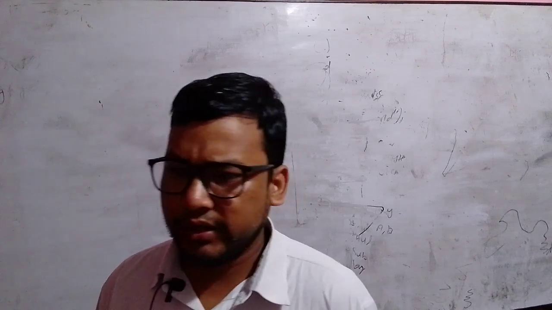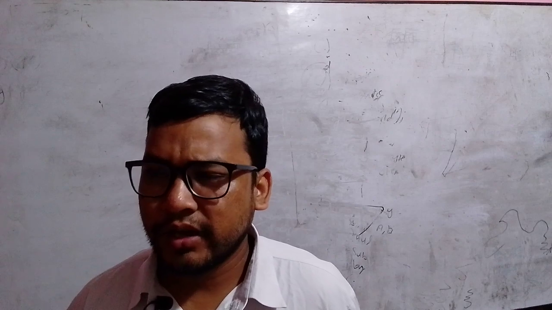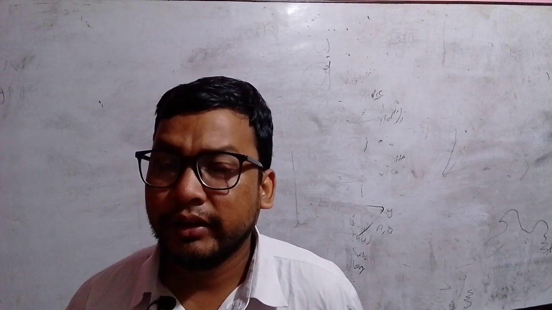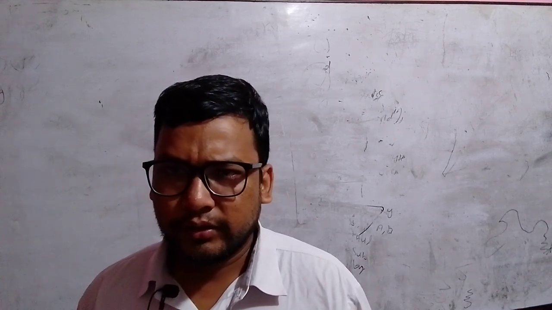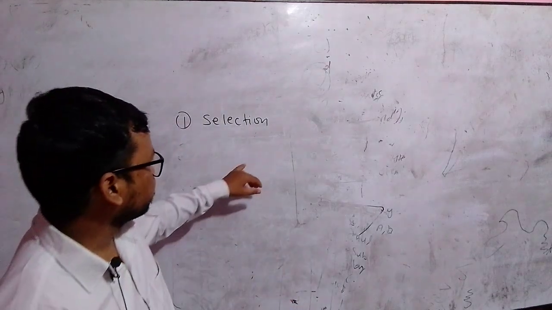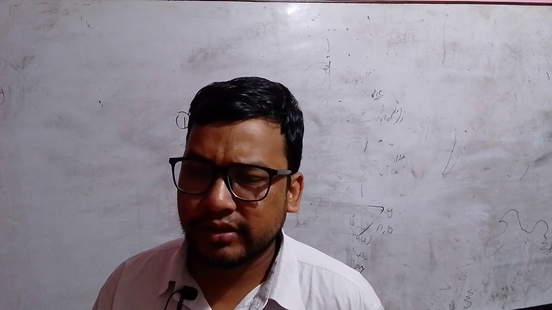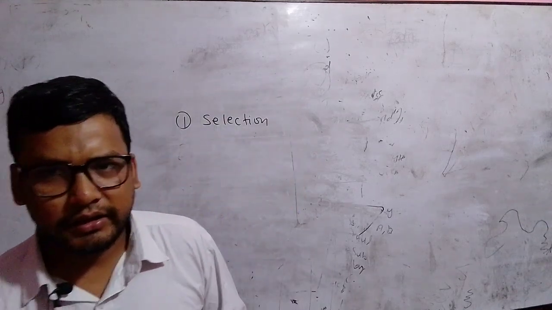For example, there are 9 balls of different colors, and we have to choose one ball. We select which color we need to pick up. This is called selection.